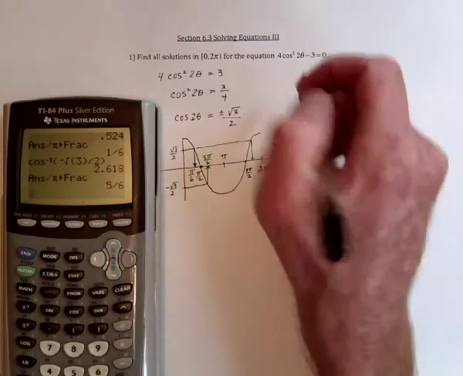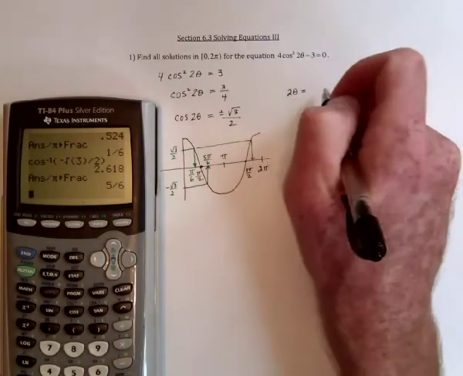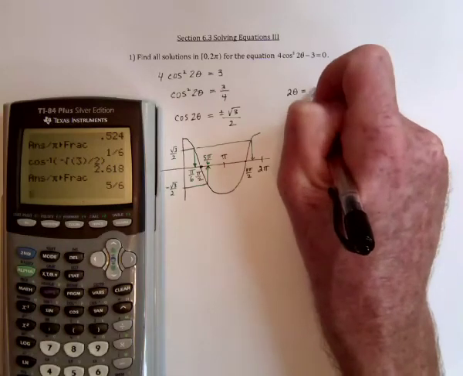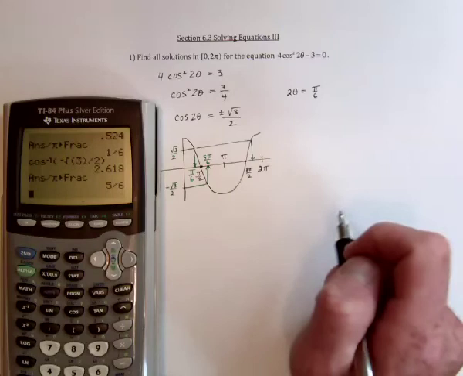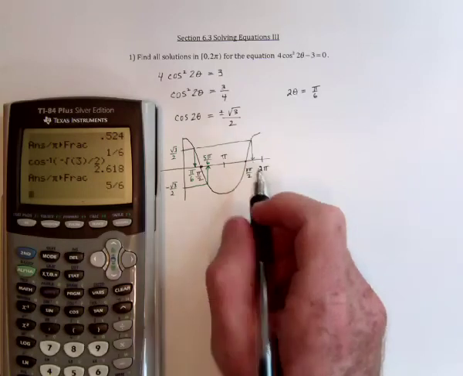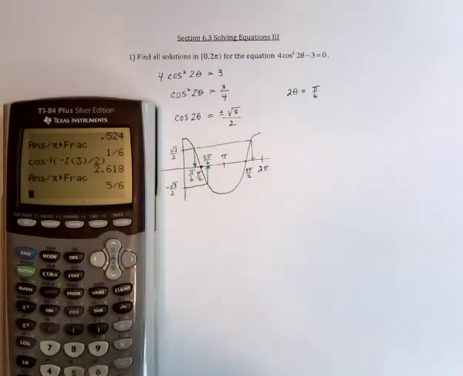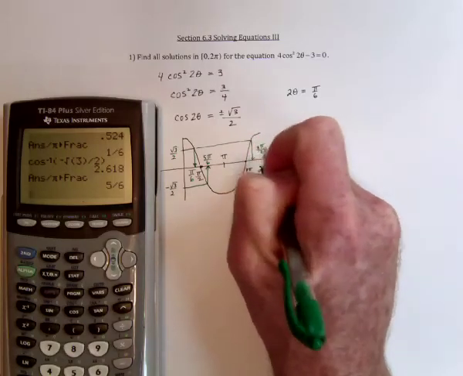I think I need to start writing some of these down. So 2 theta is equal to pi over 6. And then I can get this one over here, which is going to take place at 3 pi over 2.